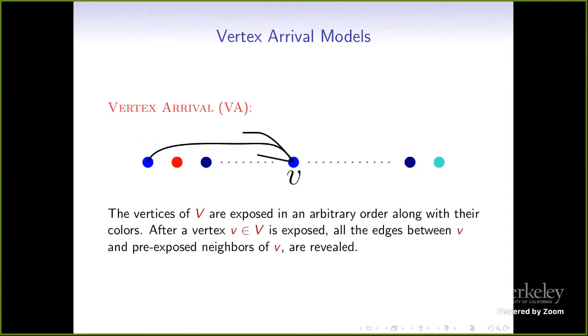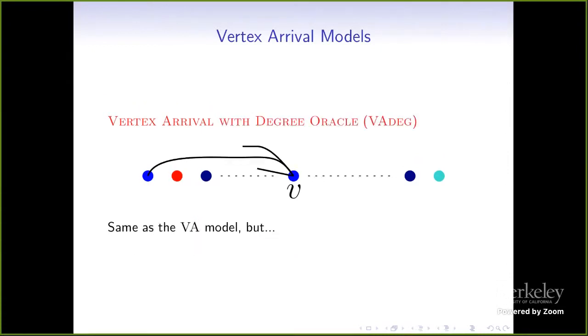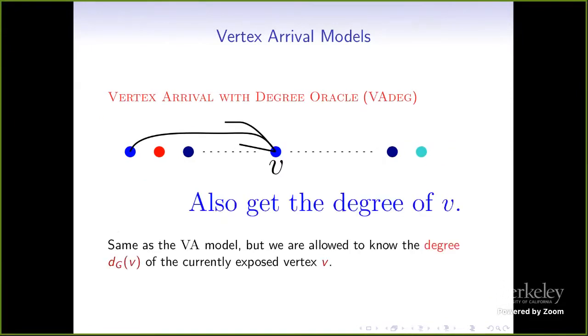When a vertex v is exposed, we also get to know all of its neighbors that are in the pre-exposed vertex set. The vertex arrival with degree oracle model, in short VA-DEG, is the same as the vertex arrival model, but we also get to know the degree of the vertex v when v is exposed.